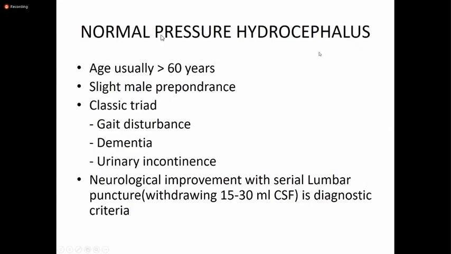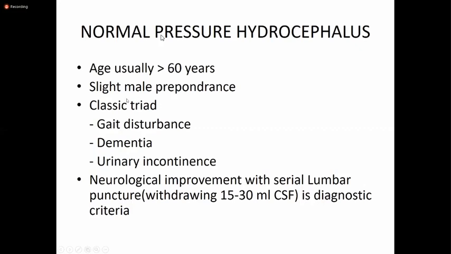Normal pressure hydrocephalus commonly occurs at an age above 60 years. Males are more commonly affected. In normal pressure hydrocephalus, there is a very classical clinical triad, also known as Hakim's triad. Hakim's triad comprises gait disturbance, dementia, and urinary incontinence.